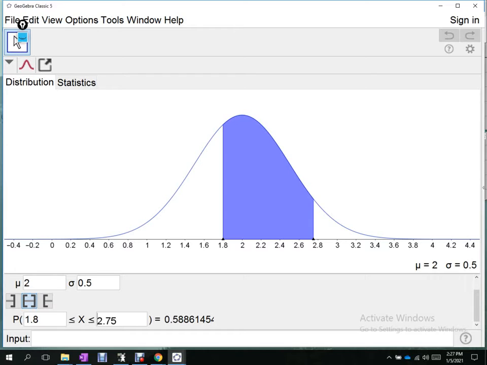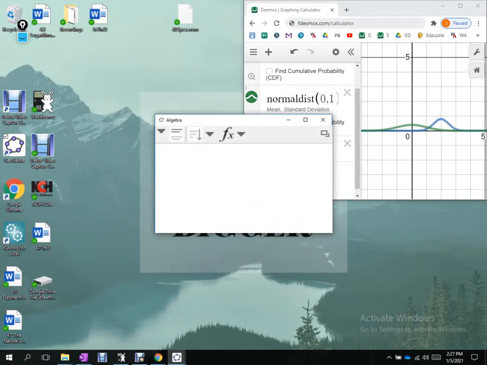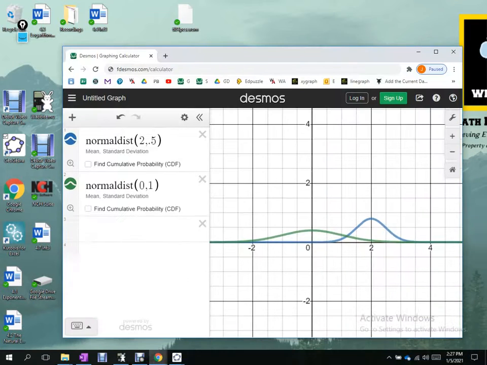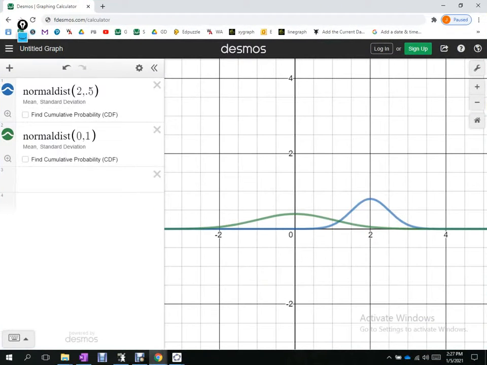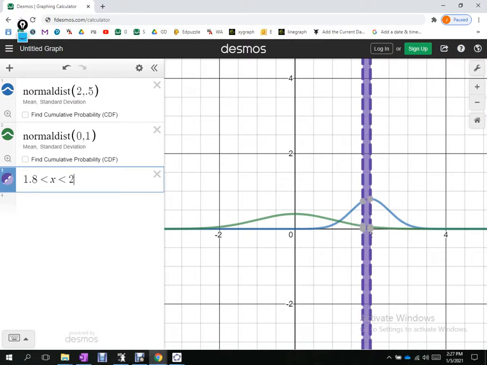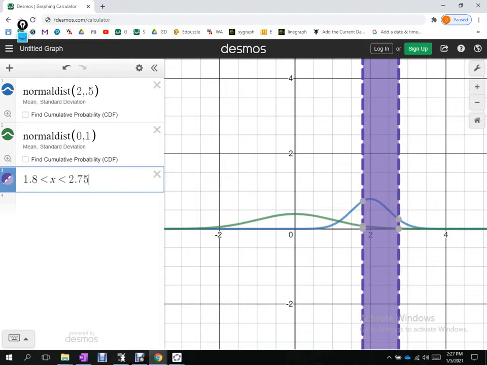So you can see here on the x-axis, this picture looks the same as when mu was 0 and 1, but this is actually the area under this blue curve between 1.8 and 2.75, so 1.8 is less than x is less than 2.75. This purple region under the blue curve is what GeoGebra was finding a moment ago.